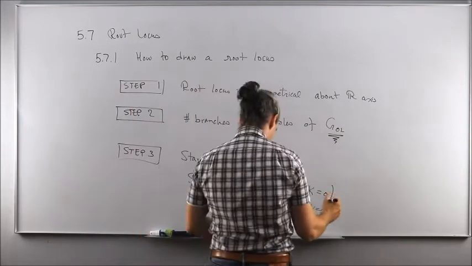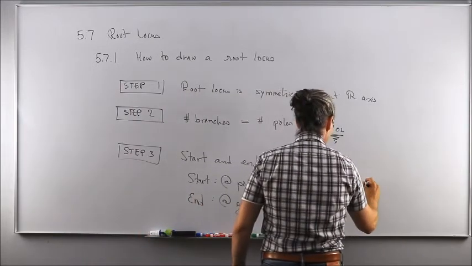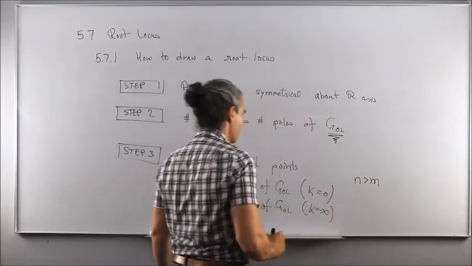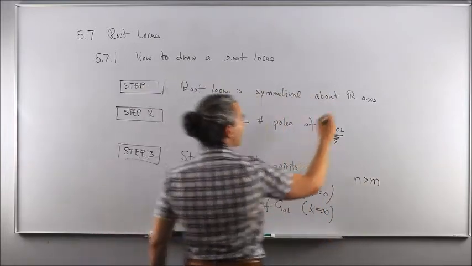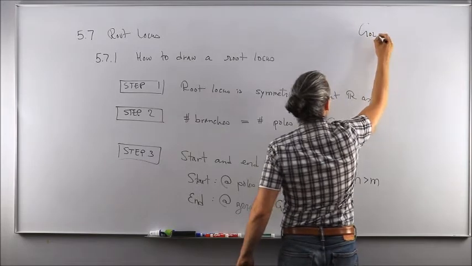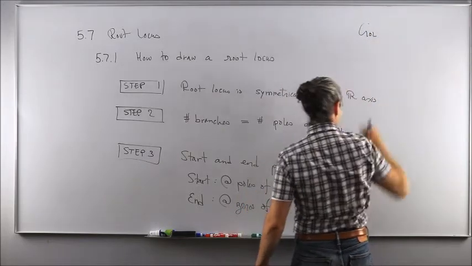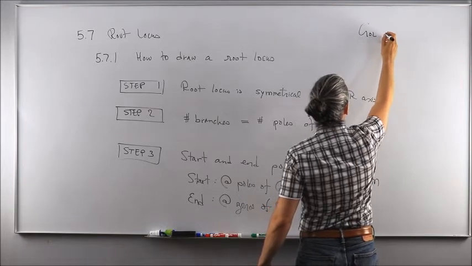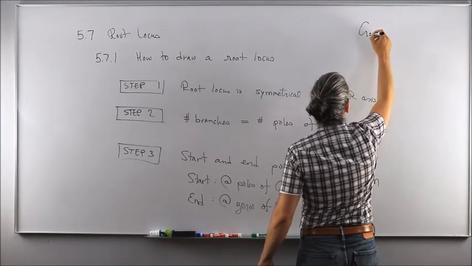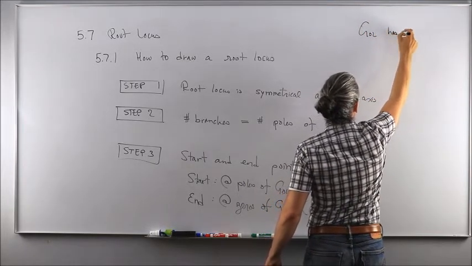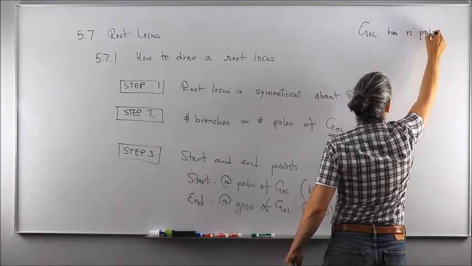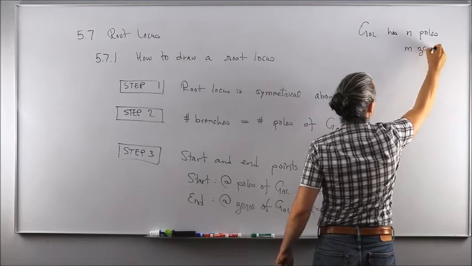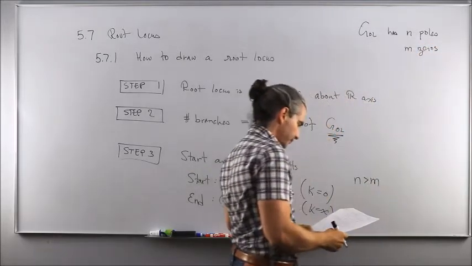So that would be whenever there are more poles than zeros of the open loop transfer function. N means n poles, and m is for m zeros. So I'm going to say that G OL, the open loop transfer function, has n poles and m zeros.